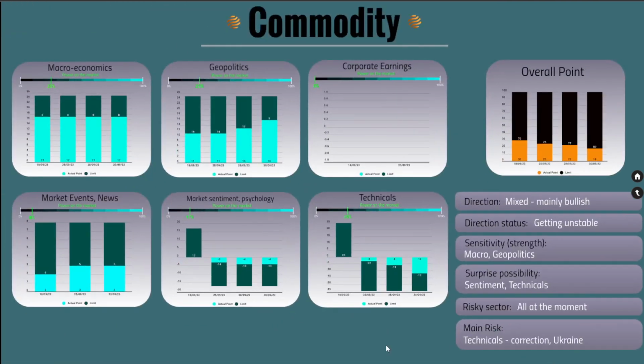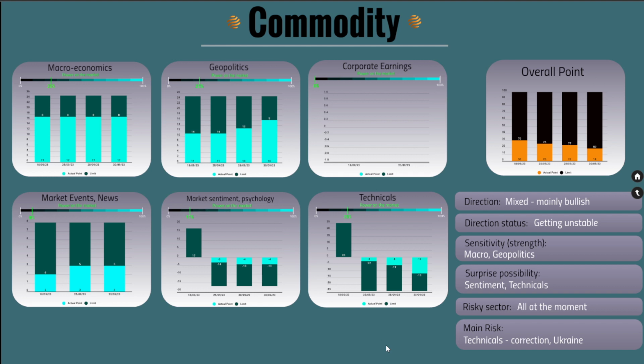And the main direction is, as you know, very mixed, because within the commodity markets we have several different sectors, and those sectors are reacting completely differently. One is in a bearish market, the other one is in a bullish market. But overall, we have a mainly bullish commodity market, but the direction status is getting unstable, for what I just said a couple of minutes ago.